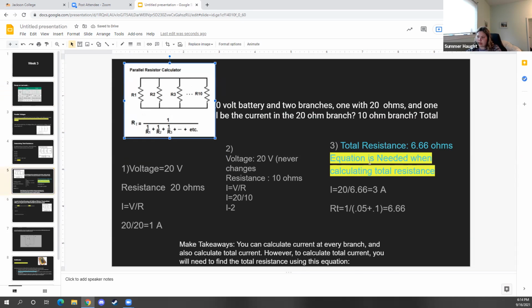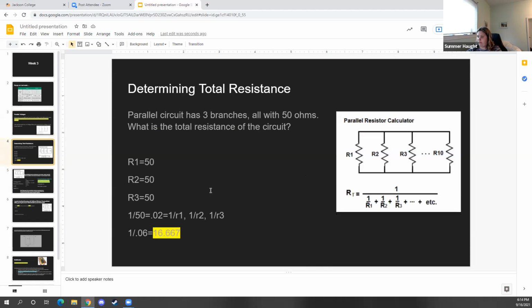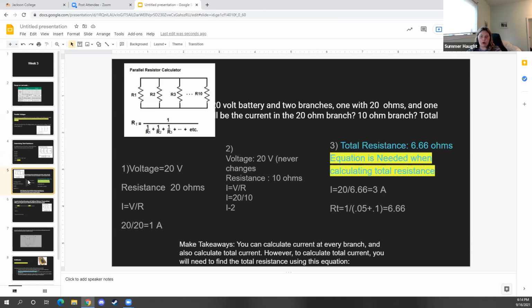So basically, I'm not going to do the calculations here because I already did them here, or here to show you an example, but I'll do more if more is needed. But the way that I calculated total resistance was I would have just done RT equals 1 divided by 1 over 20 plus 1 over 10. And that would have given me the 6.66.